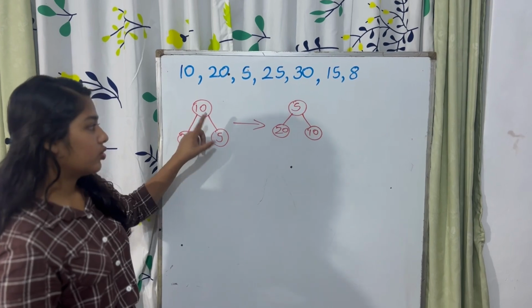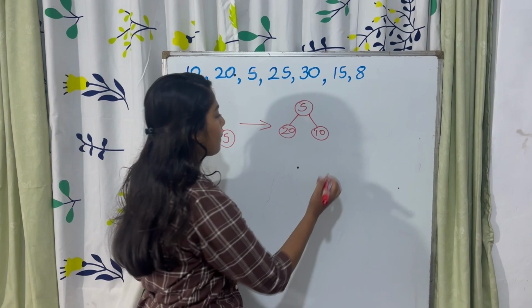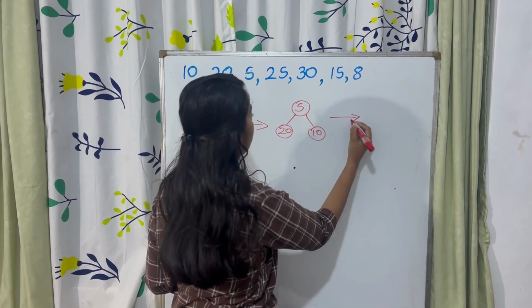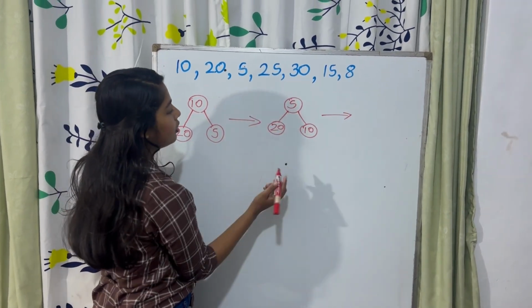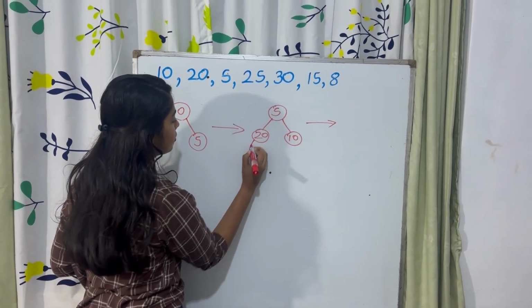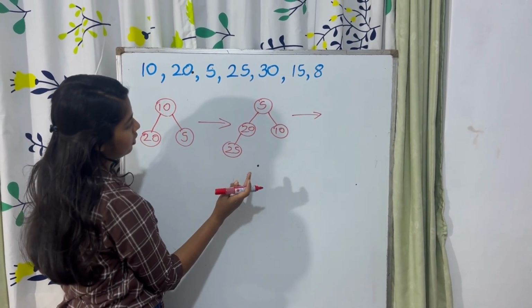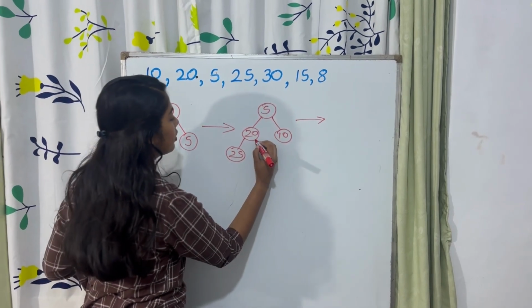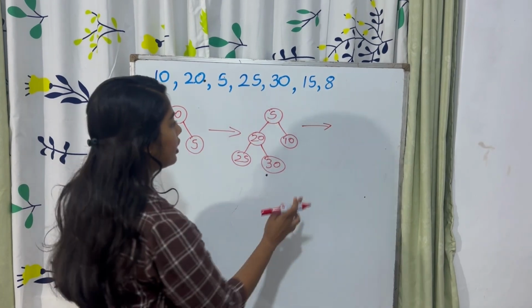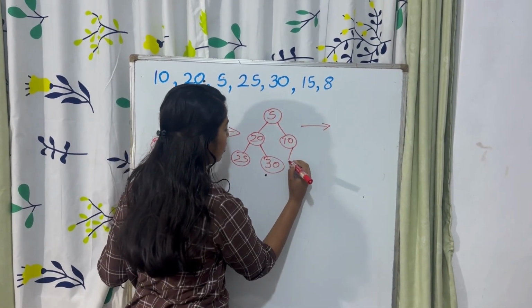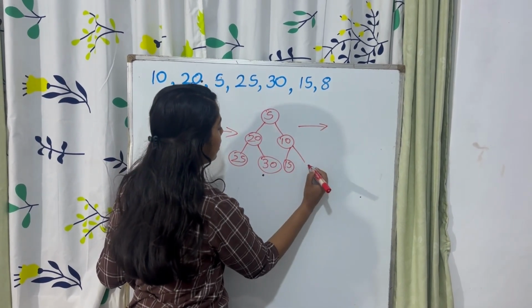After swapping these 2 numbers, our root is 5. Then we have to add 25. Then 30. And then we have to add 15 and then add 8.